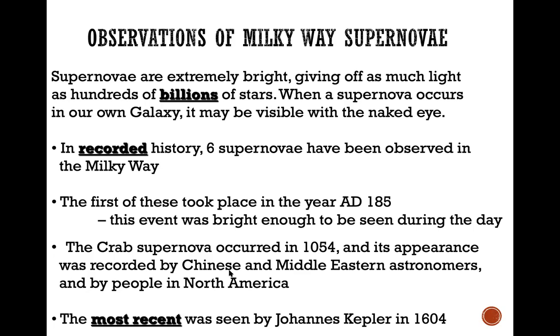Because the brightness is very high, when a supernova occurs in our galaxy, we should be able to see it with the naked eye, which means even without using a telescope, we should be able to see a supernova explosion, right?